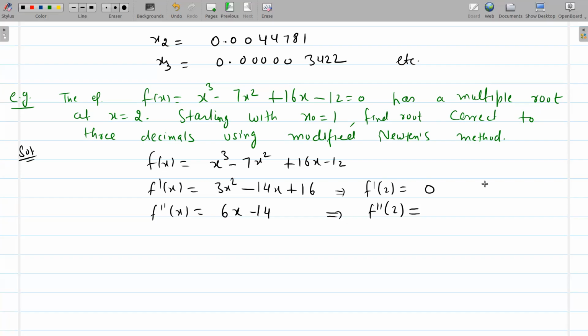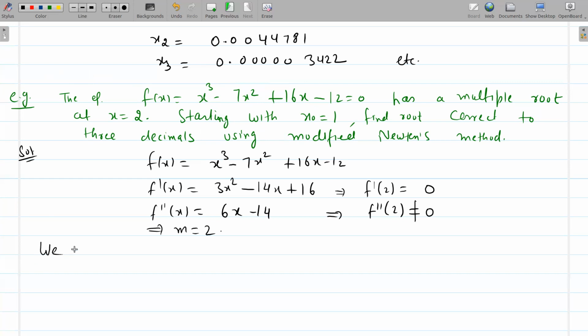Second derivative is non-zero. So multiplicity is 2. So root is given. So you can apply both methods. Either you apply the previous one or you can apply the second one.